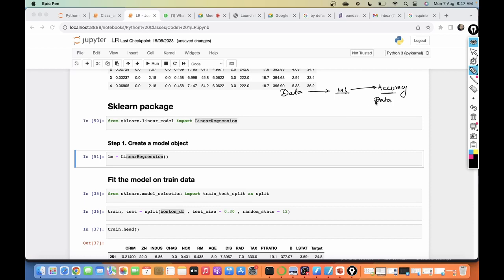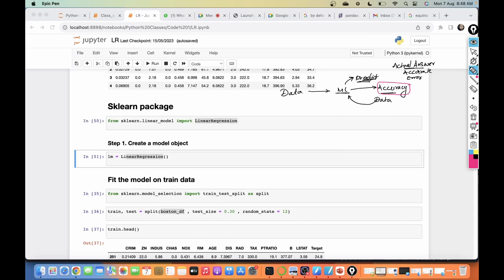You need to ingest some data into the algorithm so that it will predict the answer. Whatever answer it has predicted, that actual answer you should know, right? You should know the actual answer so that you can compare the predicted answer with the actual answer. You can say whether the answer is accurate or it has error, right? And accordingly you can justify the accuracy, right? We have learned this.